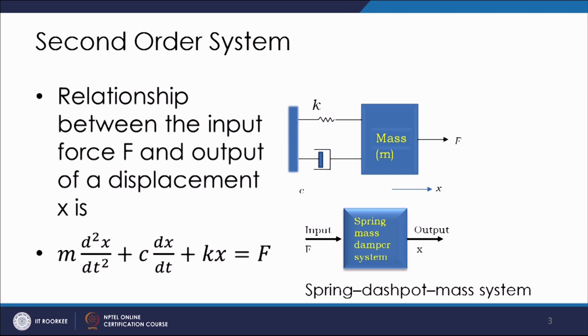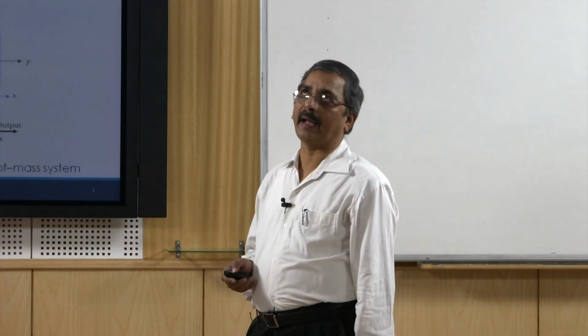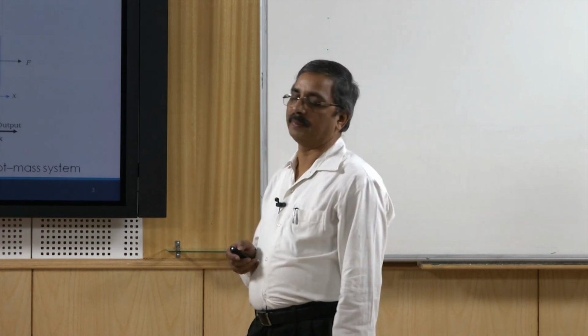Here the input is F, the force applied on the mass, and the output is x. The dynamic equation will have the relationship between the input force F and the output displacement x.